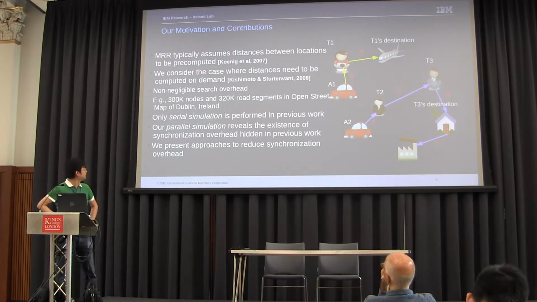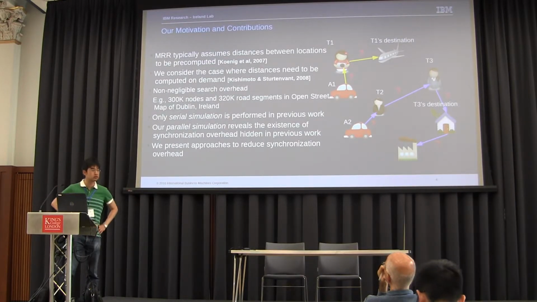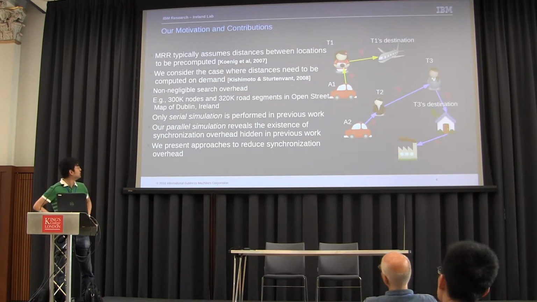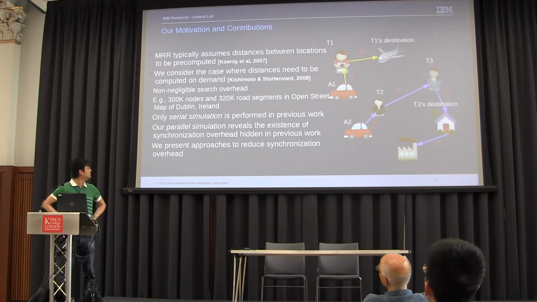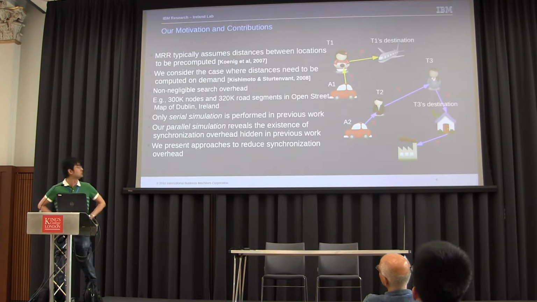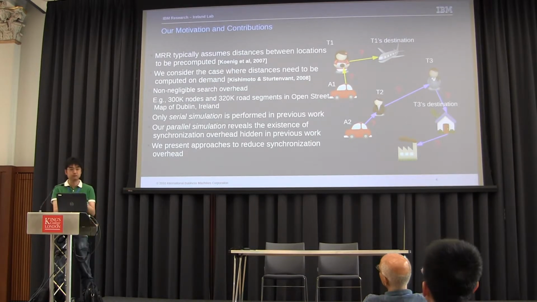Typically speaking, this is not an easy task, and it's non-negligible in terms of computational cost. Because, for example, in the OpenStreetMap of Dublin, we have like 300K nodes and 320K road segments. And on top of this search space, we have to find paths in order to calculate the distance.